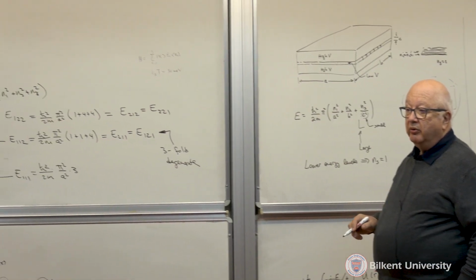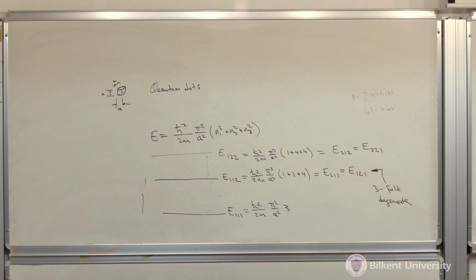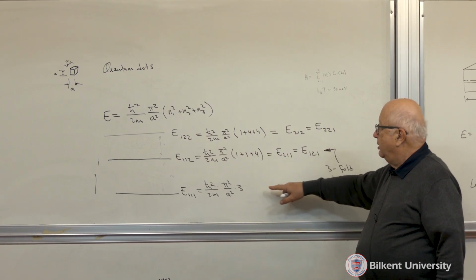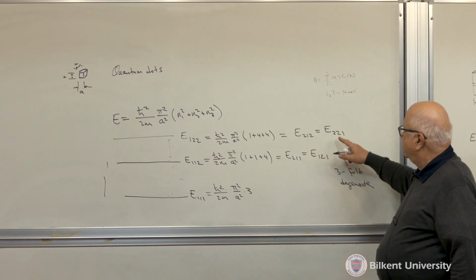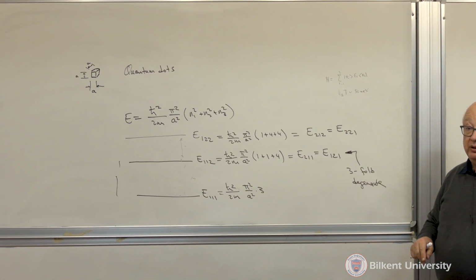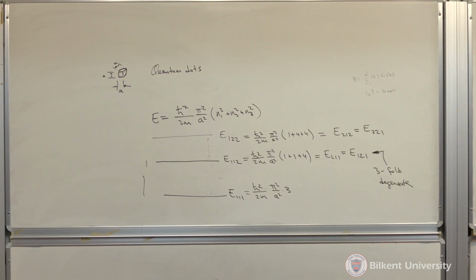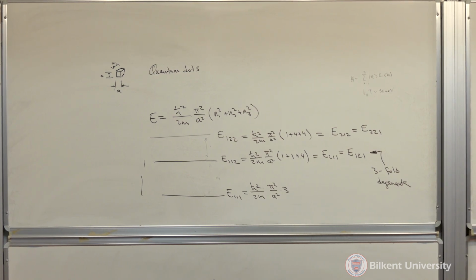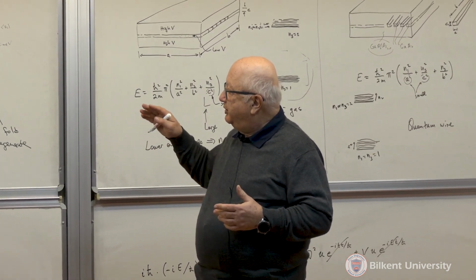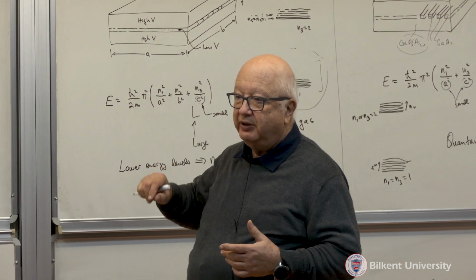So when you write down the possible states that a particle can be in, it can be in this E111 or E211 or E222, etc., in any one of those states. And even then you have to be careful when making certain calculations such as transition probabilities from one state to another.